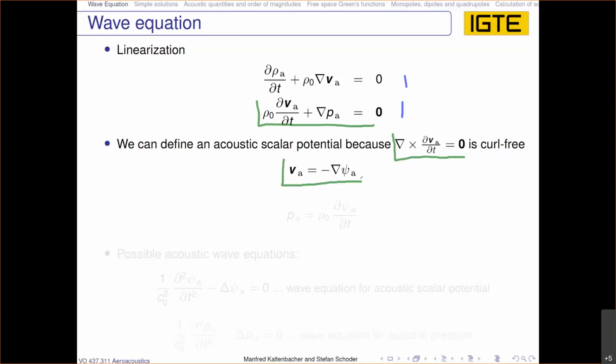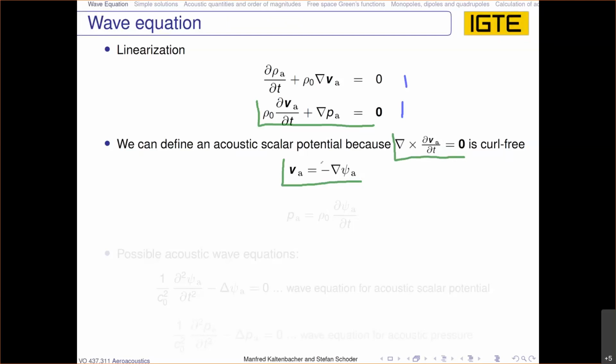I think the first time you have seen this is when you were discussing the electrostatic field in electrodynamics, at least for those who are coming from electrical engineering. Then you know that we express the electrostatic field E by the gradient of the electric scalar potential.